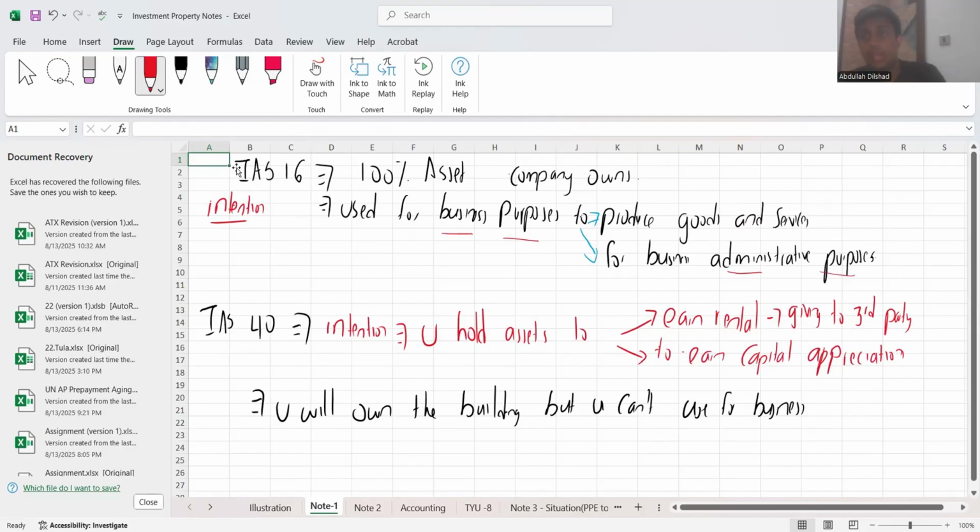If a business is using an asset, it could be land, building, any of the tangible assets, for 100% business purposes, to produce goods and services or for business administrative purposes, as long as your intention is to use that asset in your business, then you could use the standard called IAS 16.